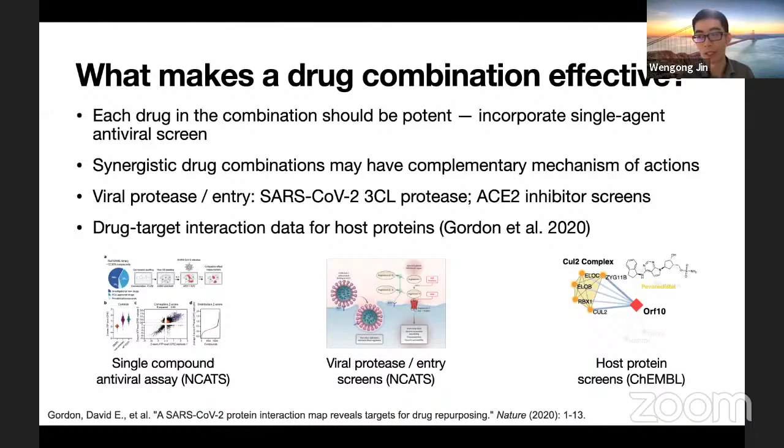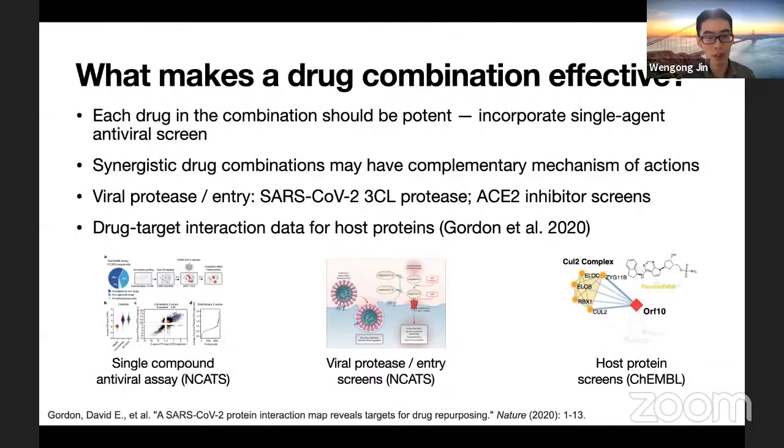In that case it would be CCR5, or I forgot the exact name of the target, but basically it inhibits the target that the virus leverages to enter the cell. So this motivates us to incorporate this additional biological information of drug target interaction.